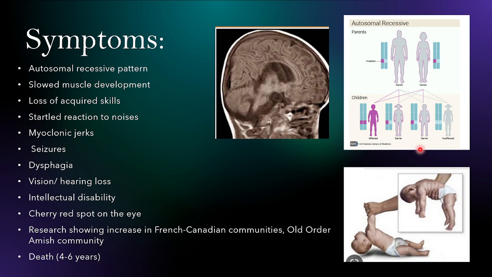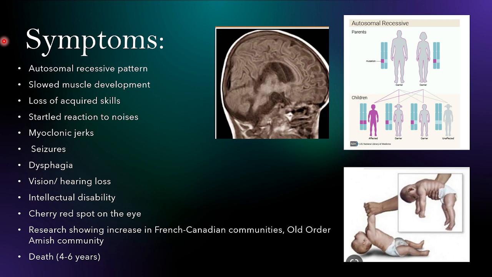It causes seizures at very young ages, dysphagia, which is difficulty swallowing, and then vision or hearing loss. It also causes intellectual disability, and a cherry red spot on the eye, which I was talking about before. And this is all infantile Tay-Sachs, which is the most common type of Tay-Sachs, by the way.